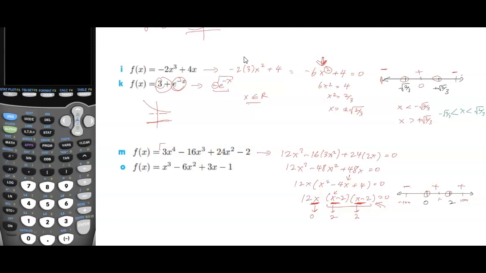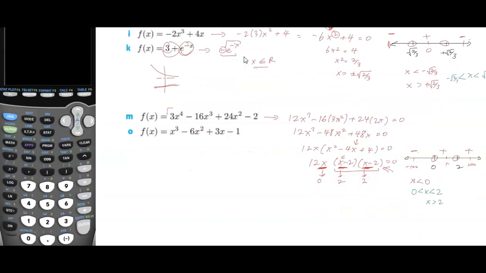Okay, and so in this particular case, my decreasing interval would be x is less than 0, and my increasing interval would be x is between 0 and 2, and also x is greater than 2. So those would be the three intervals described in this, what do you call it? Sign diagram.